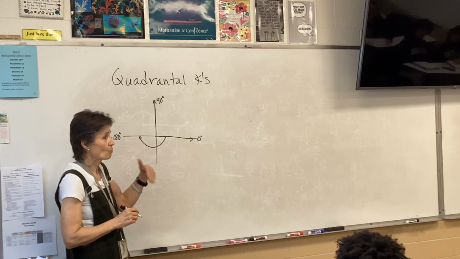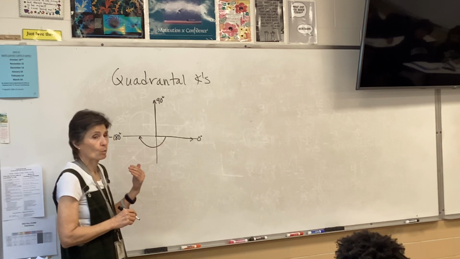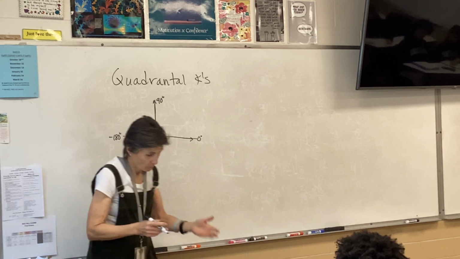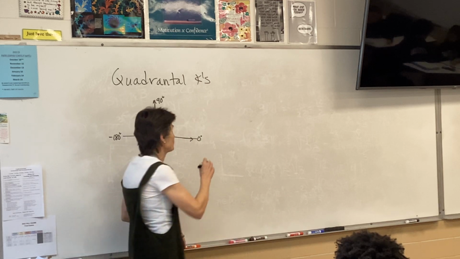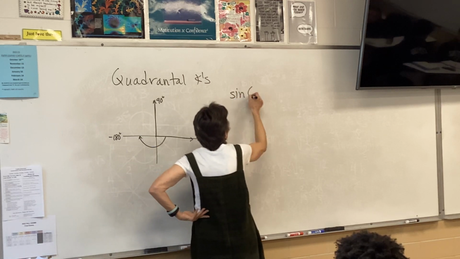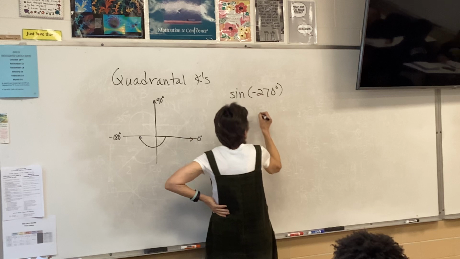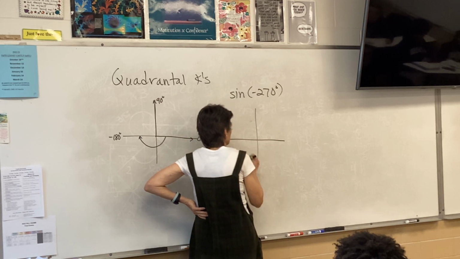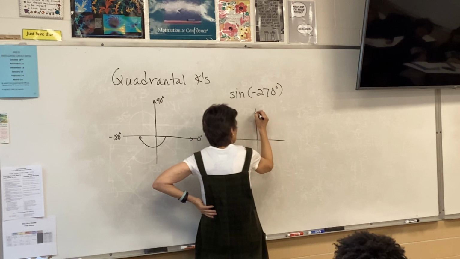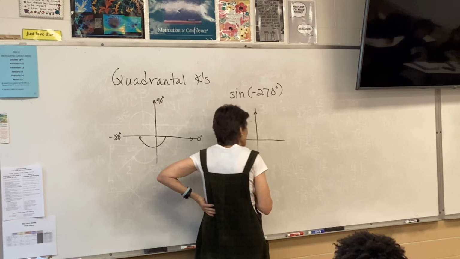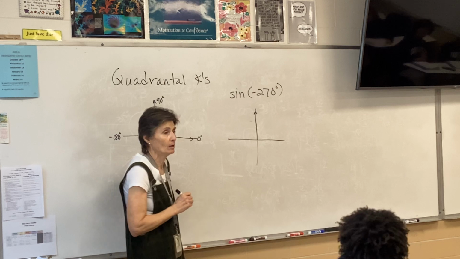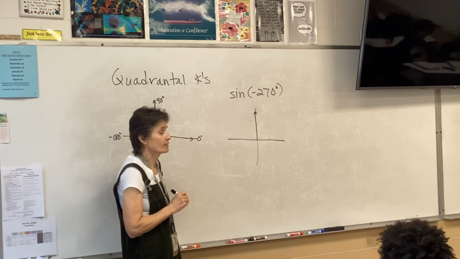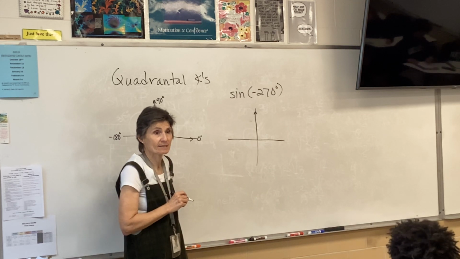We can't draw triangles for quadrantal angles. For example, sine of negative 270. Negative 270, now remember, negative 270 would be right here. Would you agree with me? If you're going to draw a triangle, it has to be constructed with a perpendicular to the x-axis.